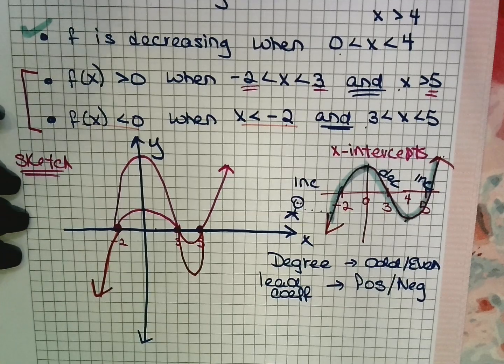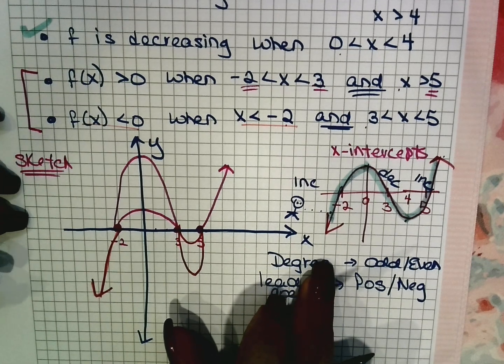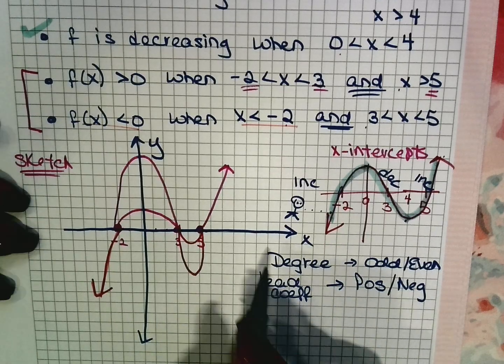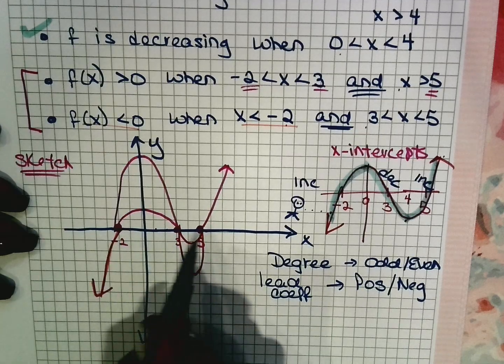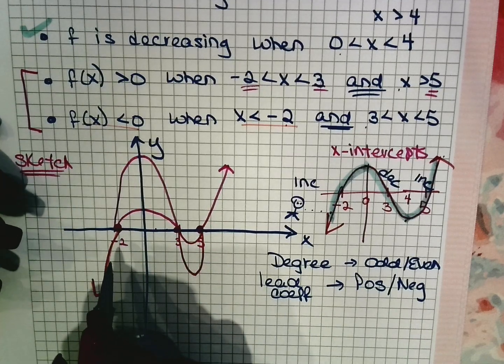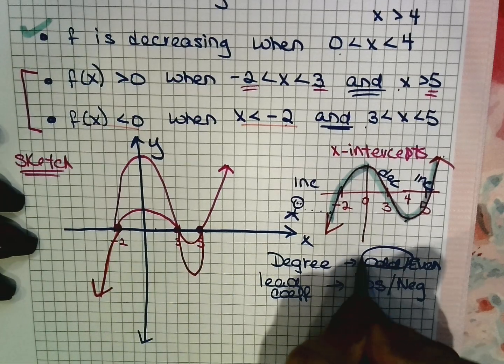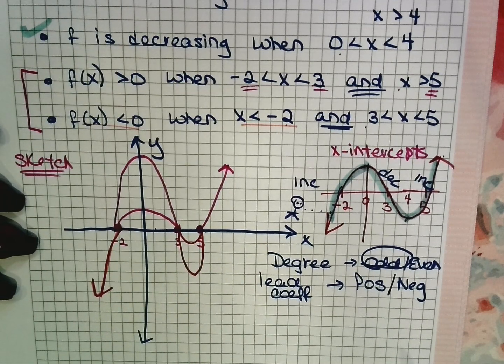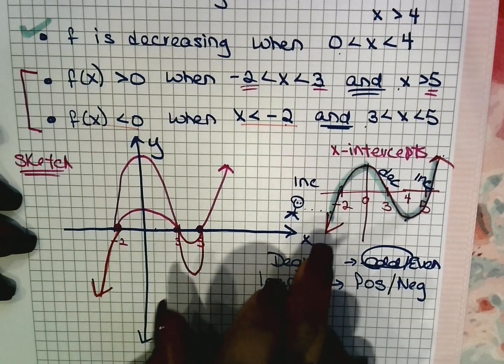All right, so what is the degree of the polynomial? Well, we mentioned that we have 3 x-intercepts, right? So that means we have a cubic, and a cubic is an odd function. And actually, just by looking at the shape, we can figure this out.